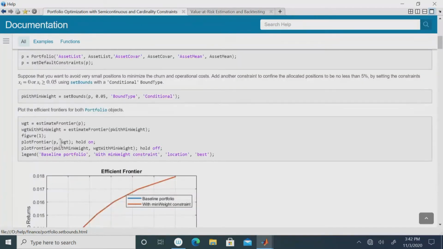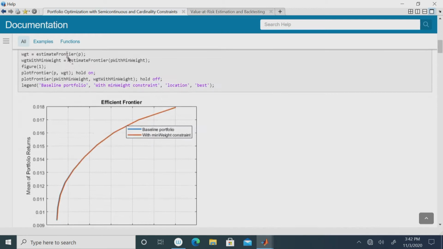Having done this, we now calculate the efficient frontier. The efficient frontier for the original portfolio P with the default constraint, I will designate with WGT, and then the efficient frontier with the minimum weight, that means the one with the constraint of the weights being at least 5%, is carried out on P with min weight, which has set the bounds on it, and the corresponding W with min weight is basically going to give the efficient frontier.